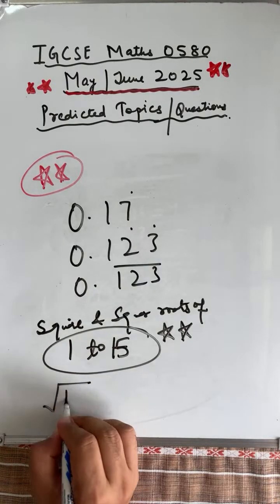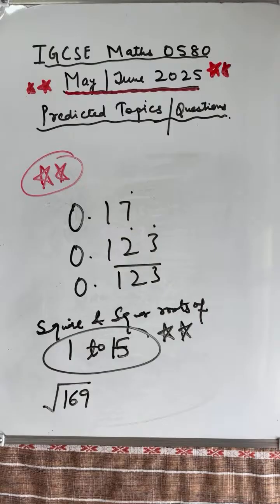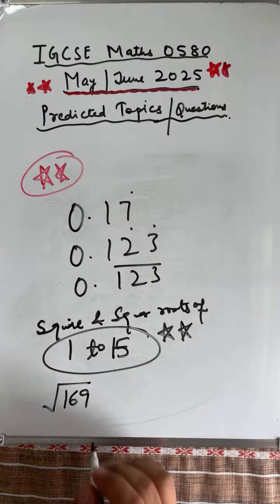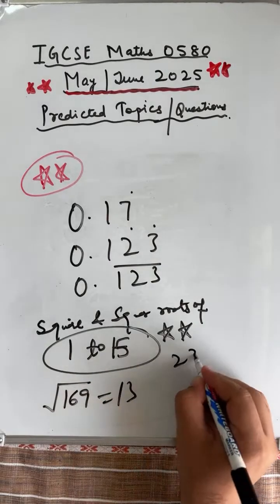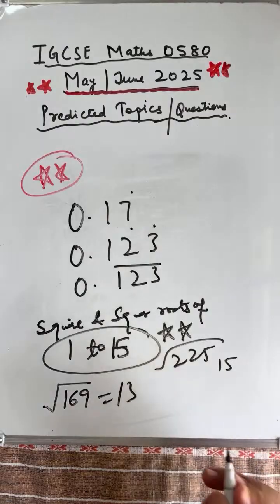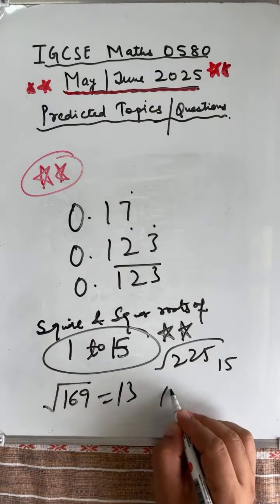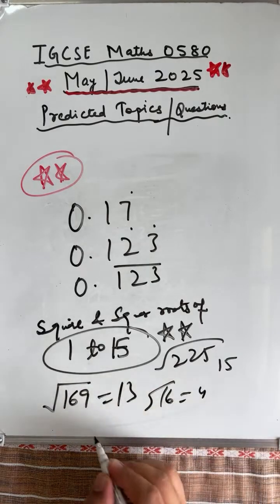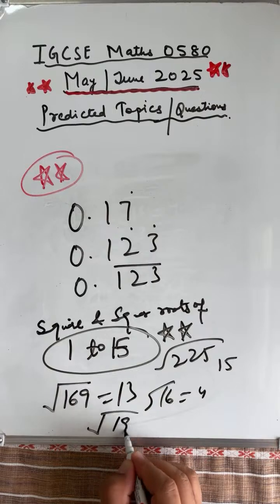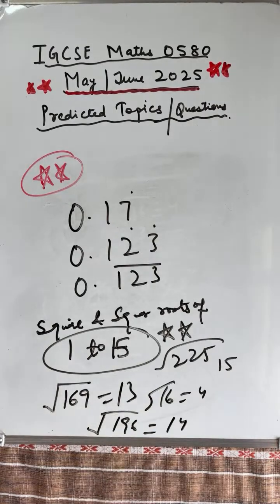Likewise, if you have square root of 169, you have no calculator with you, so you must know this is 13. Similarly, 225 is 15. Likewise, you must know the squares: 16 square root is 4, 196 is 14.